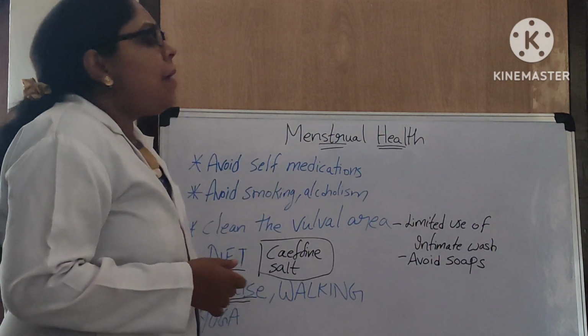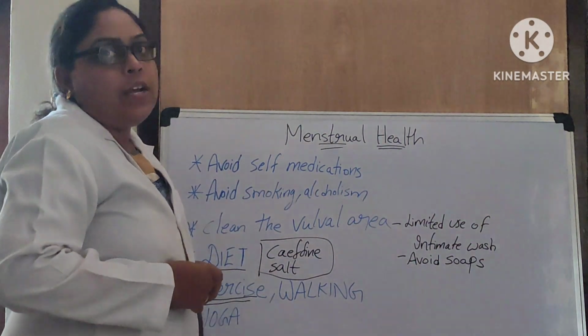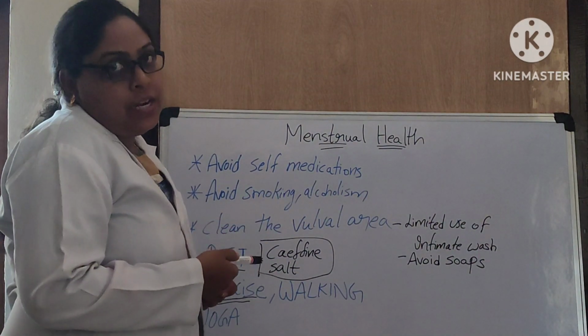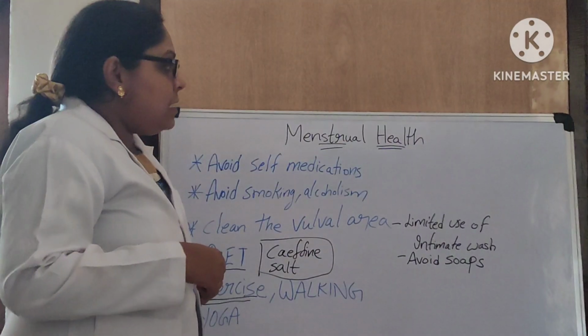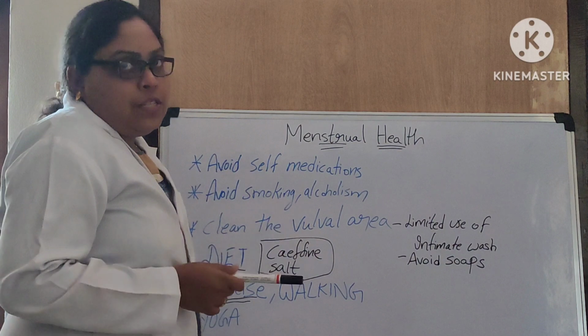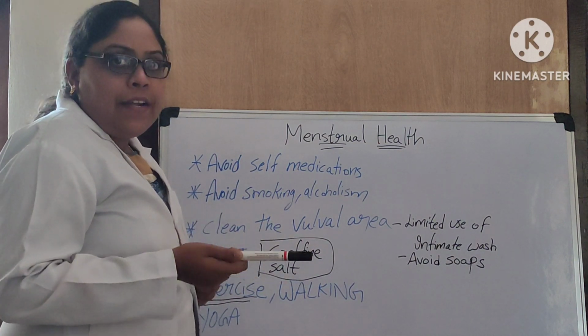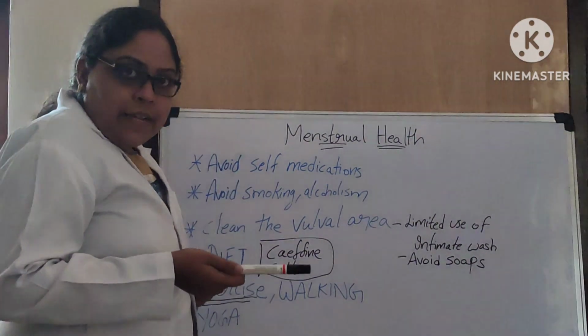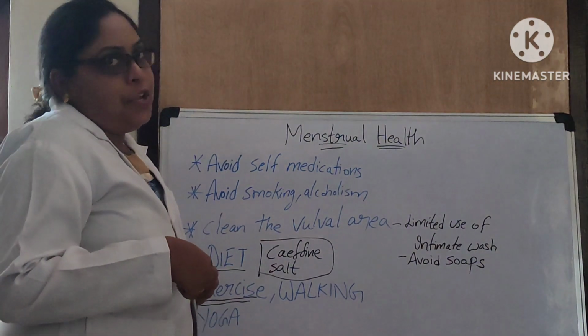So these are some important points which you have to focus on to maintain menstrual health. Whatever we discussed: first, you have to calculate the menstrual cycle to find out any irregularities or to plan for a pregnancy. The menstrual cycle is very useful.